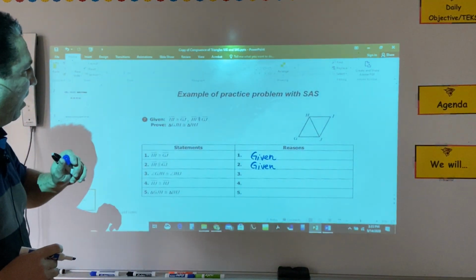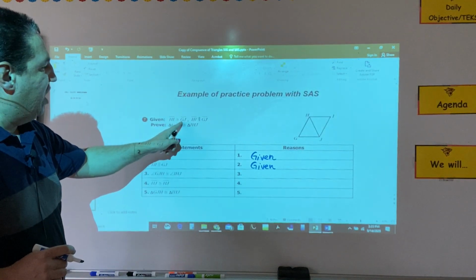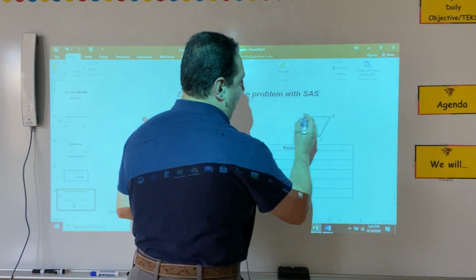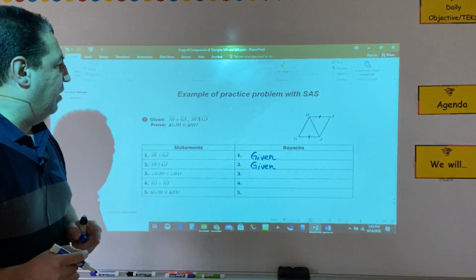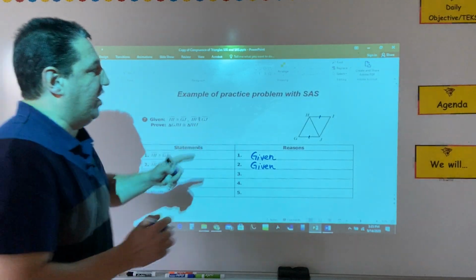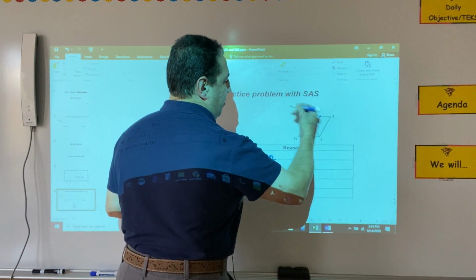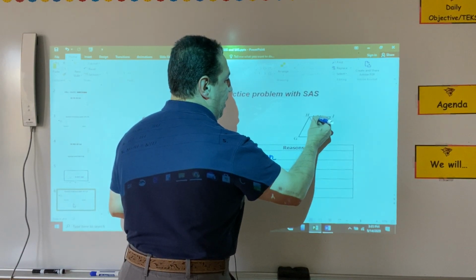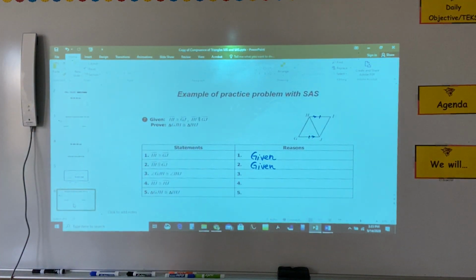Now, let's mark these statements. HI congruent to GJ. What else? HI at the same time is parallel to GJ. So, we mark this statement by using two arrows. Good.